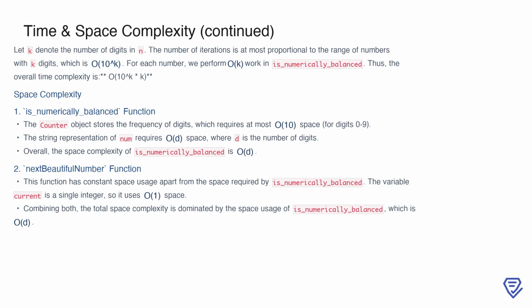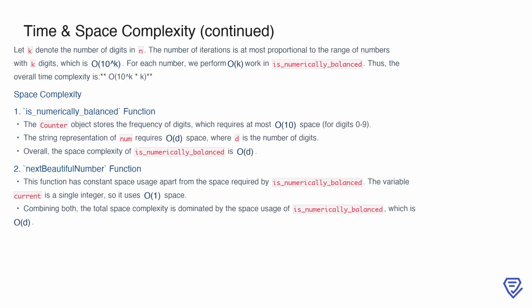Shifting focus to space complexity, the is_numerically_balanced function requires space for the counter object, which stores the frequency of digits. This requires at most 10 space because there are only 10 possible digits. Additionally, the string representation of the number requires d space, where d is the number of digits. Therefore, the space complexity of is_numerically_balanced is O(d).